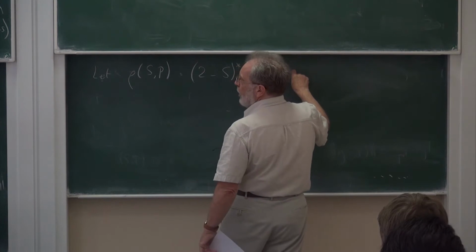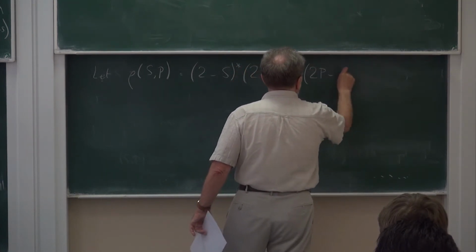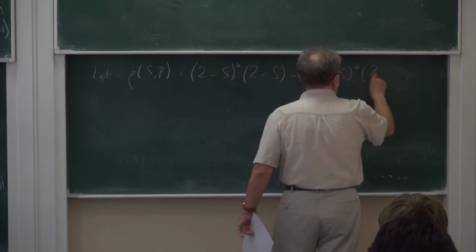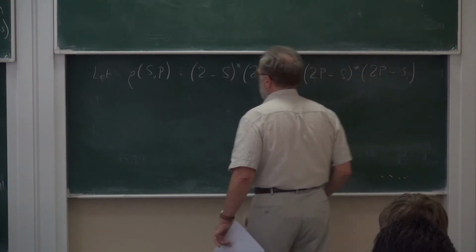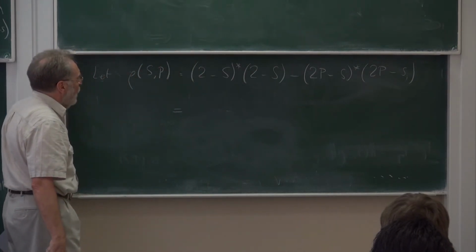So I'm putting alpha equal to 1 here, minus (2P minus S)star(2P minus S). And let's just expand that thing.